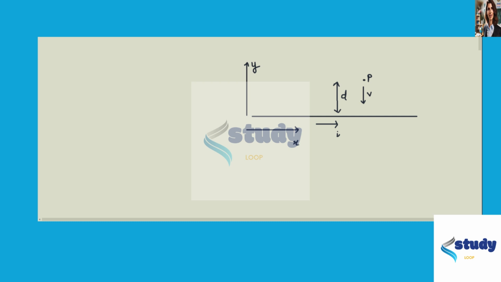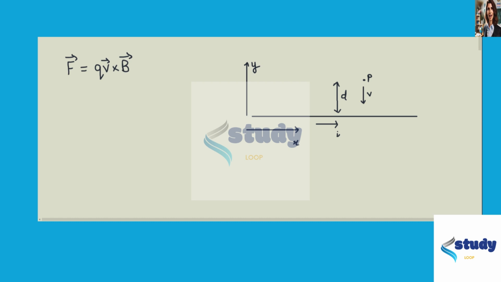So the magnitude of the force is given by the formula F equals Q V cross B, where V is the velocity and B is the magnetic field.